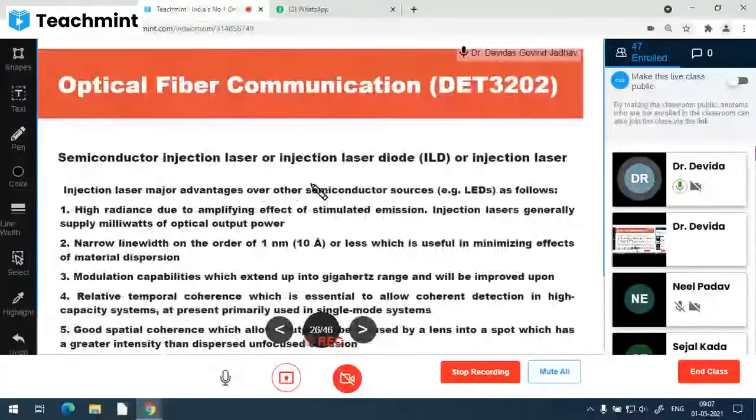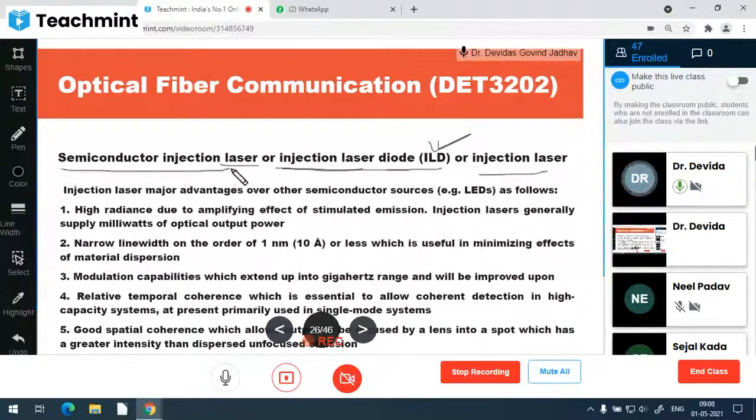So semiconductor injection laser or injection laser diode, ILD, injection laser diode. LED, light emitting diode. ILD is injection laser diode, or it is called only injection laser.